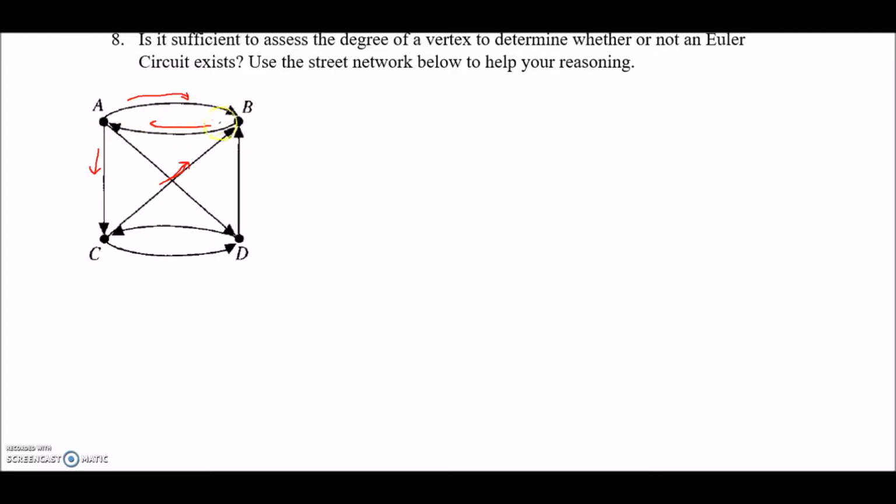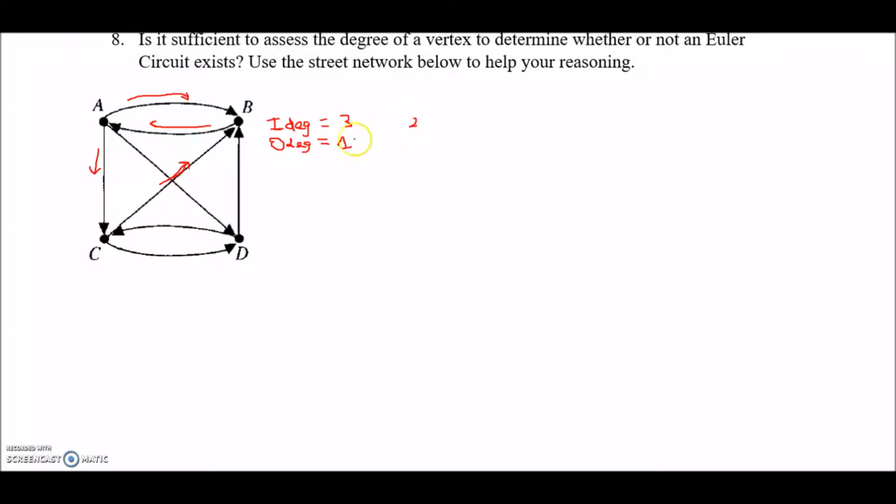So we notice that B has an in degree (IDG) equal to 3, but the out degree is equal to 1. I can arrive at B once, so I take care of one of those in degree edges.